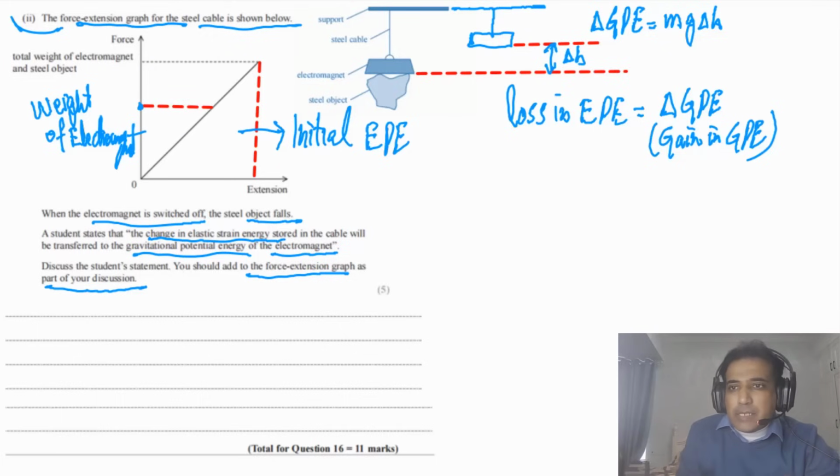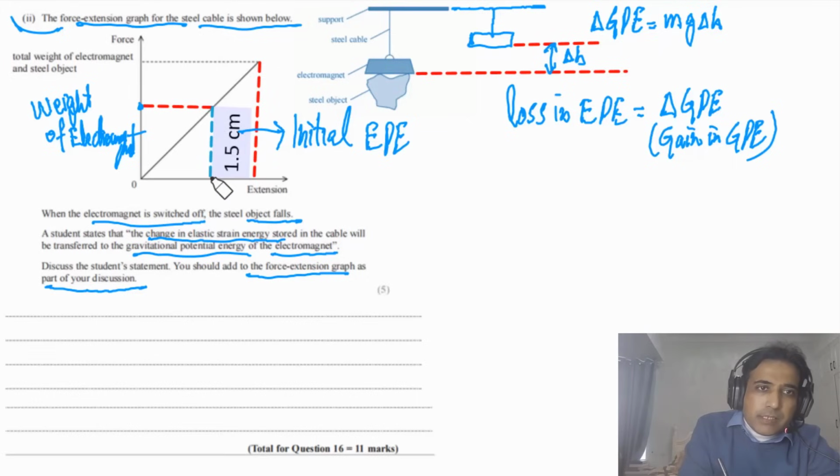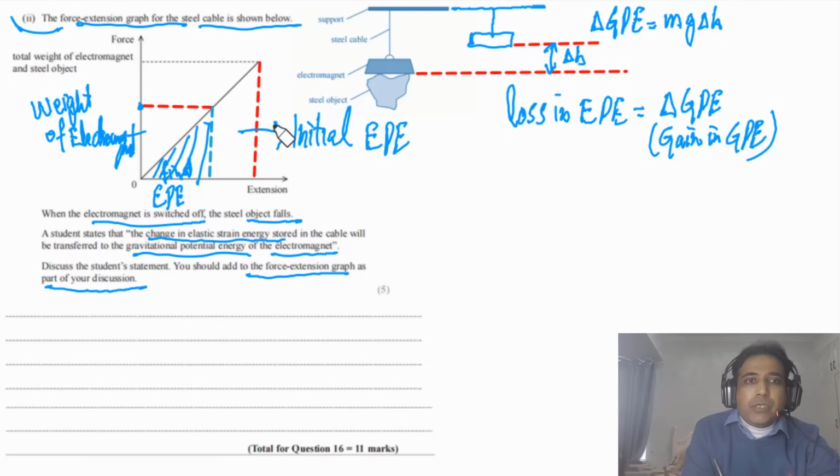Now in this case, the area under this one is representing the final EPE, the final elastic potential energy. So the change is equal to this area.